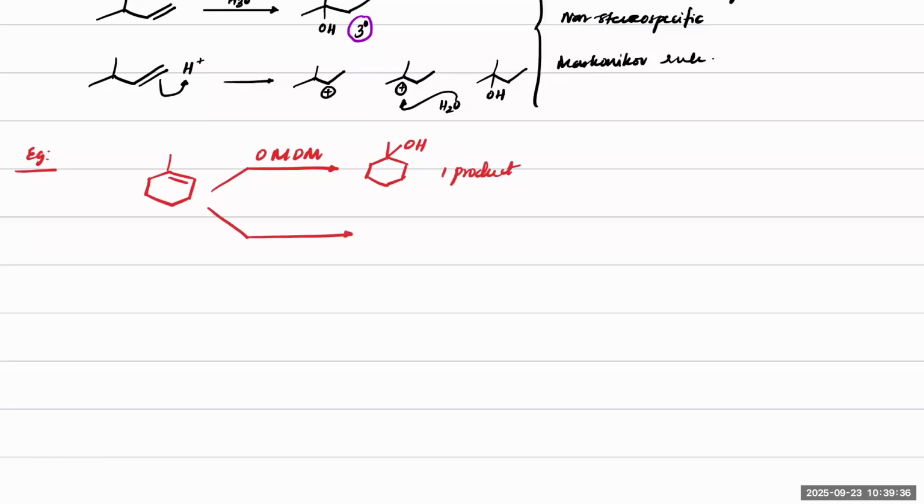On the other hand, if you get hydroboration-oxidation reaction, then you will get an OH group here. But one thing is that H and OH should be added from the same side. Which means if methyl is here and hydrogen is going inside, then OH has to be inside as well. Or the other way around.